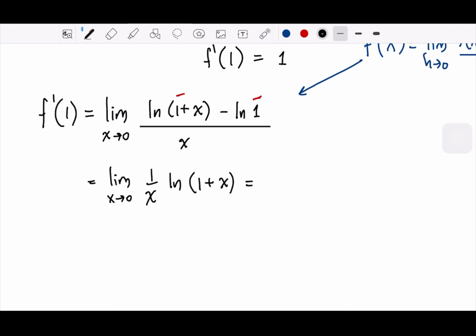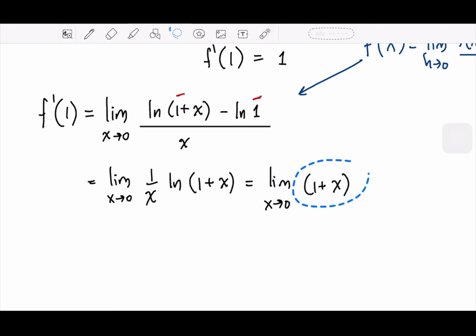So I can write this limit as ln of (1 plus x) to the power 1 over x. And we know that f prime of 1, from our derivative calculation, is equal to 1. So we can set this equal to 1.